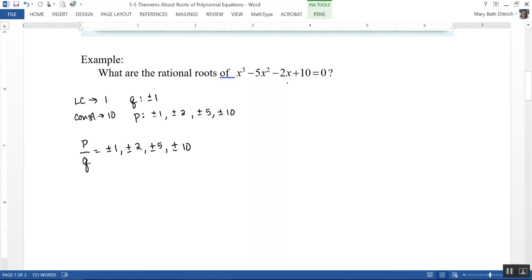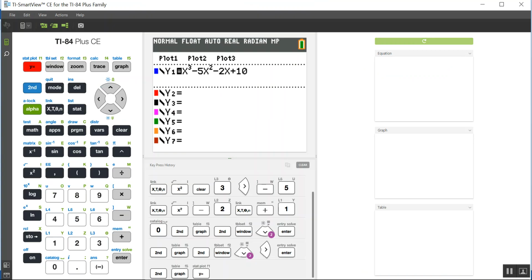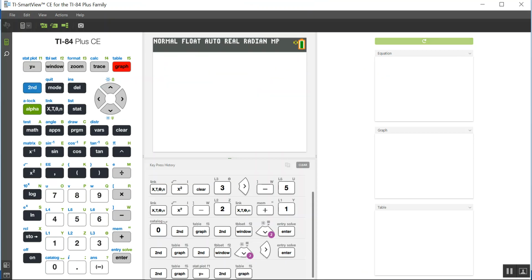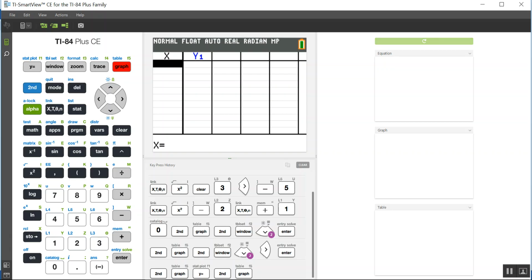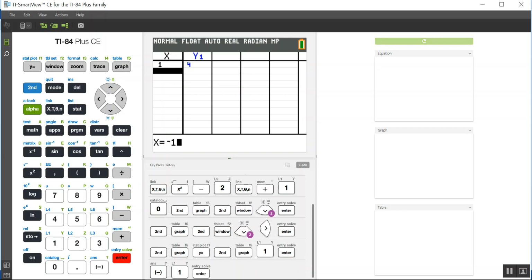Here's an easy way to do it. Let's put this polynomial into our calculator, as I did here, and I'm not going to worry about graphing it. I'm just going to use the table to help me to evaluate that. So do second graph, and I'm going to put in those numbers. How about let's put in a positive 1, and what I'm looking for is when does y equal 0? Negative 1?